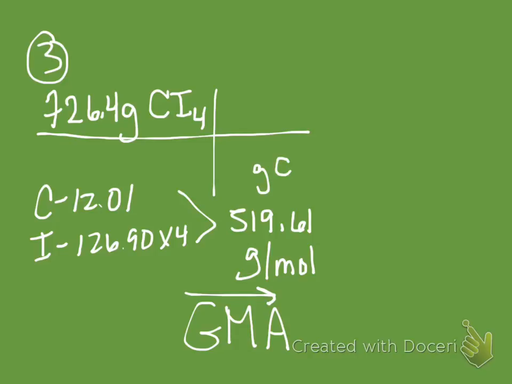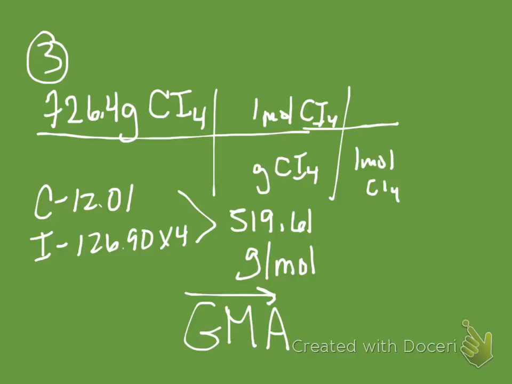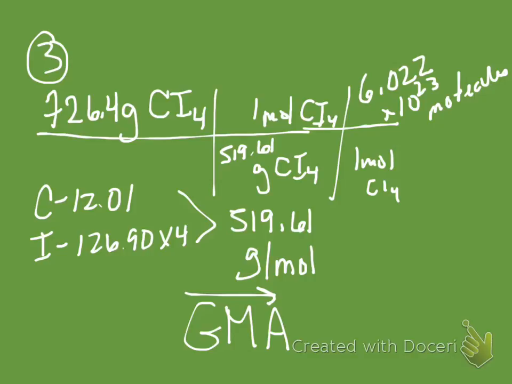So we want grams of CI4 here, moles of CI4 there. 1 mole of CI4 is how many molecules of CI4? 6.022 times 10 to the 23rd molecules of CI4. So you have to have this entire setup. You got to go through GMA on this.